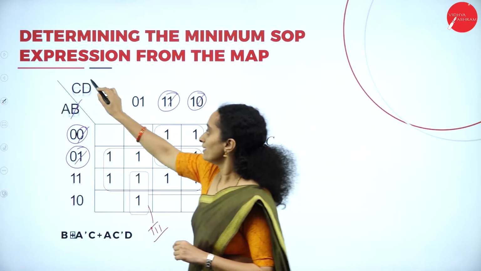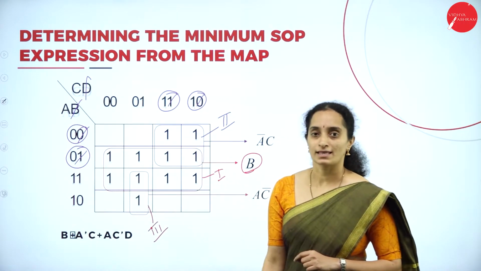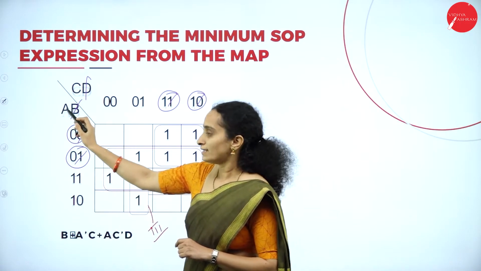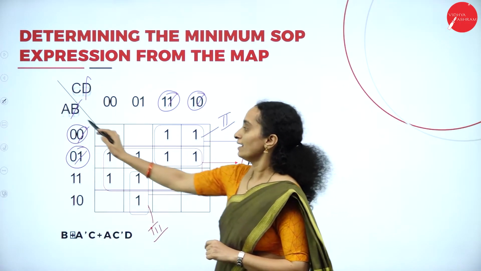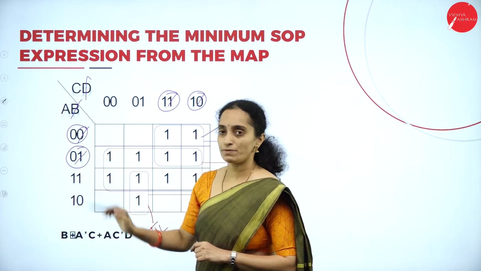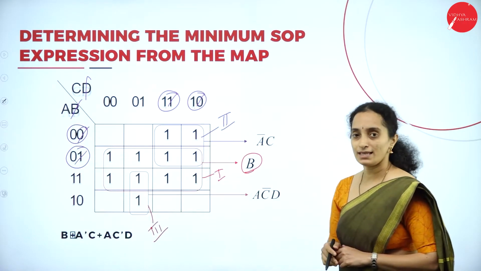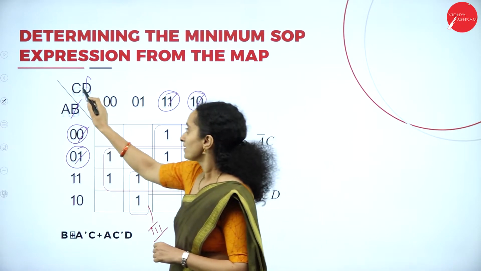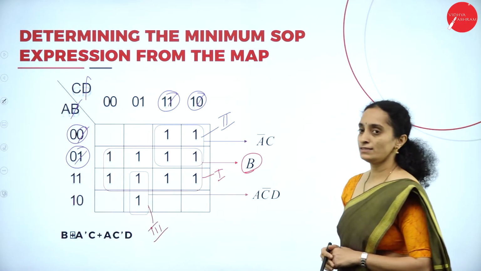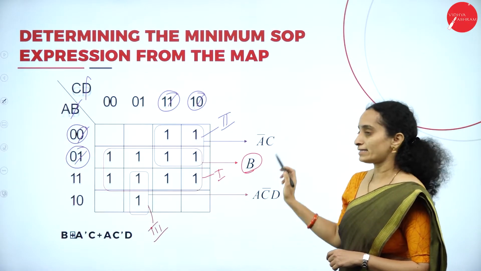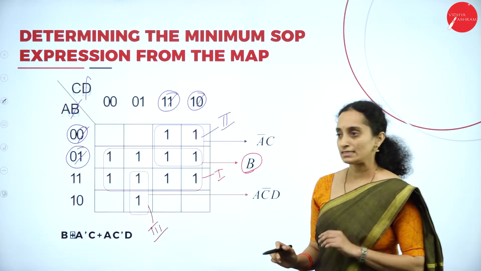So the variable D is cancelled. Now A is there, C is there. A is in the complement form, so it will be A dash C. C is in the non-complement form. That means you have the expression A dash C.